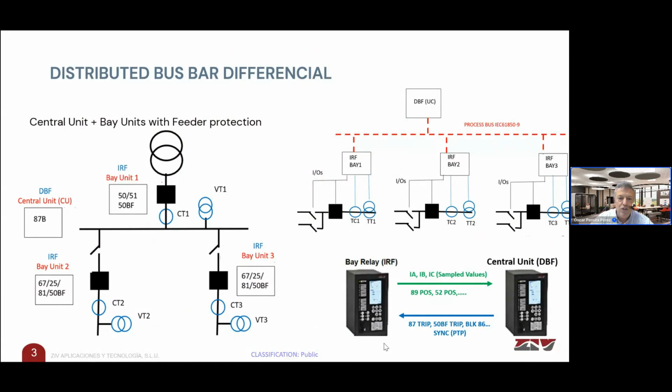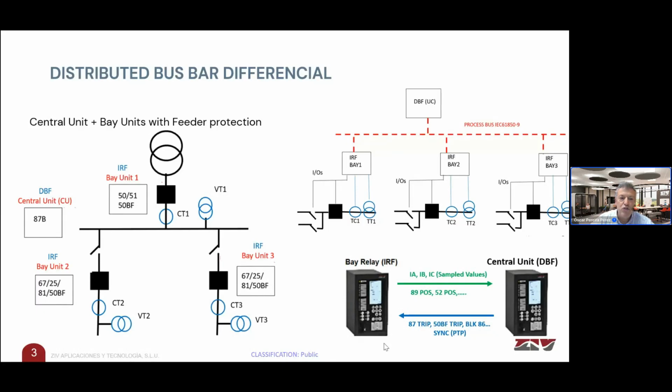As you can see on the left side of the screen, we have a central unit that we call DBF, in blue letters. And then, for each bay, we have to install a bay unit that we call IRF.